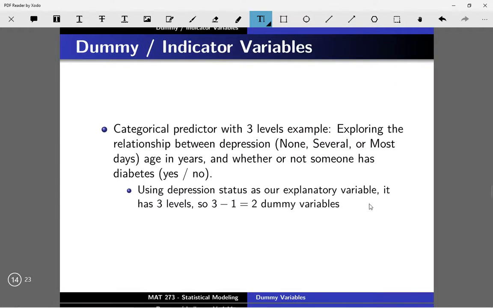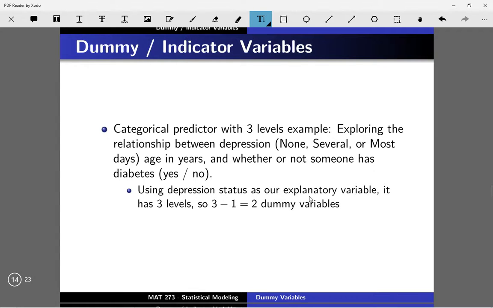So that was an example with a categorical predictor that has 2 levels. We can also look at when it has 3 levels. So for example, another variable in this data set is the depression status of a person. It can possibly be none, where someone feels depressed no days during a month, several, where they feel depressed several days each month, or most days, where they feel depressed most days each month.